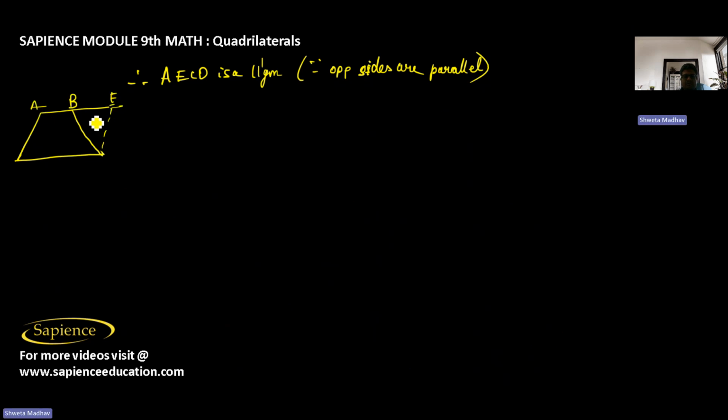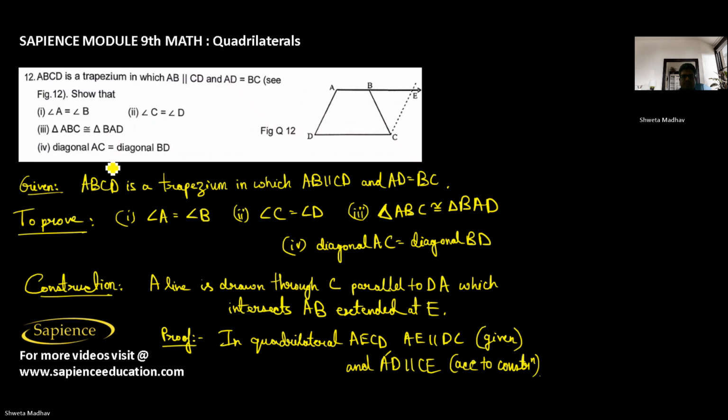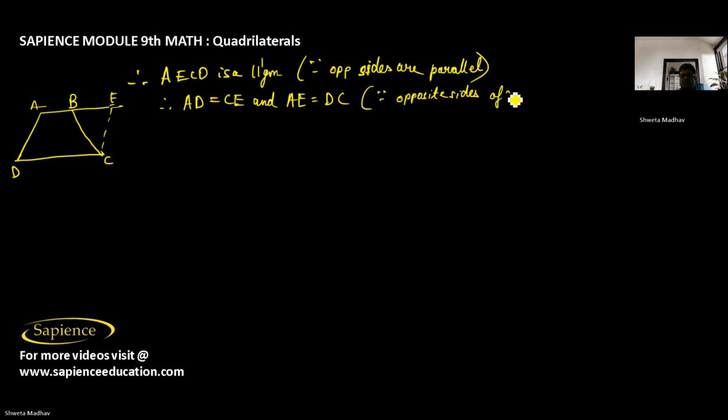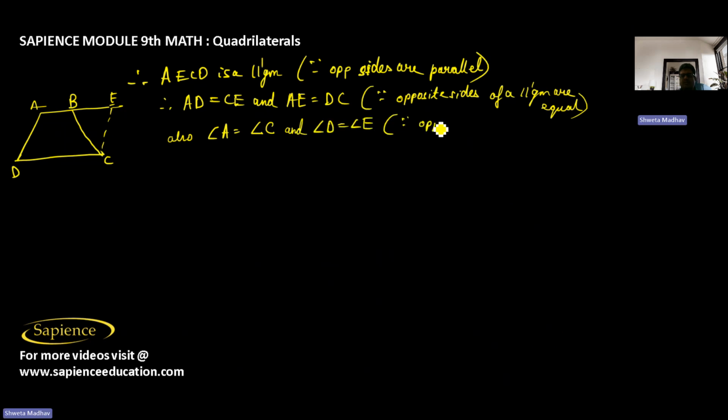This is A, B, C, D. So therefore, we can say that AD is equal to CE and AE equals DC, since opposite sides of a parallelogram are equal. And also, you can say that angle A equals angle C and angle D equals angle E, since the opposite angles in a parallelogram are equal.